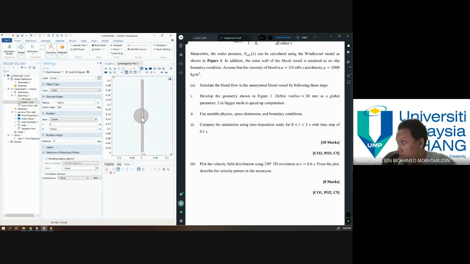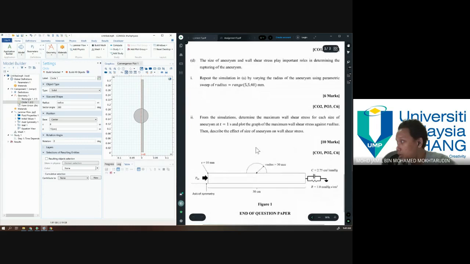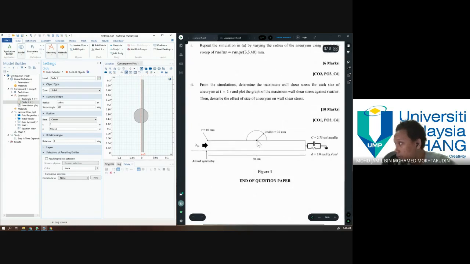So this one, the center is on the other side of this rectangle, okay? But in the drawing, it's on the red line here. So we don't want it on the red line, we want it on the other side. So we move the position 10 mm, okay? Okay, we want it here.